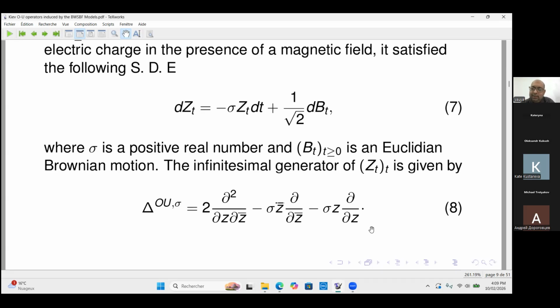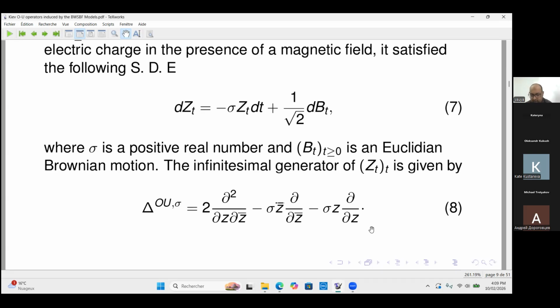What do we have to require from the function in the domain of definition? For example, we can prove that the domain contains C2 functions which vanish when the modulus of z goes to infinity. We do not pay attention to this analytic property.